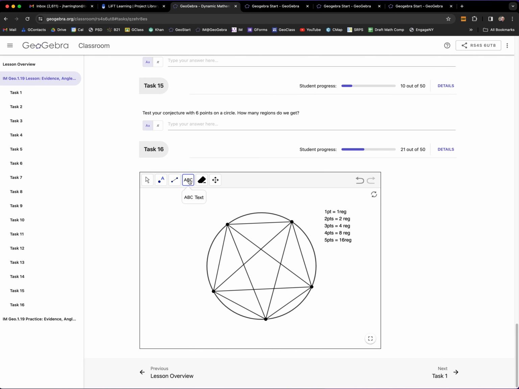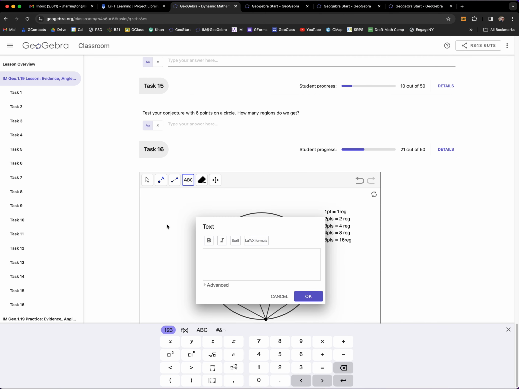Let's see if I can find it. All right. It would look something like this. It would be like the number of regions equals the number of points. No, wait.